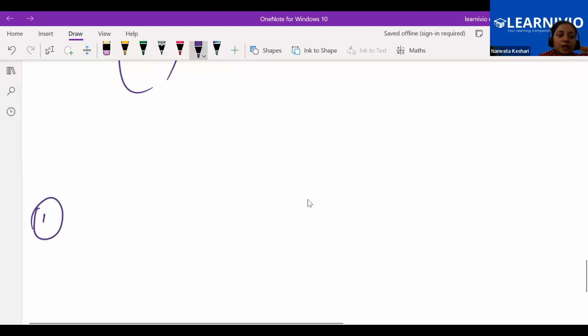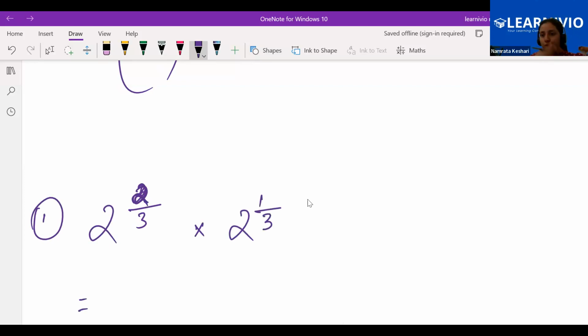Number 1: 2 to the power 2 by 3 into 2 to the power 1 by 3. The rule says whenever two terms are in multiplication and the base is the same, this is called the base and this is called the exponent or power.